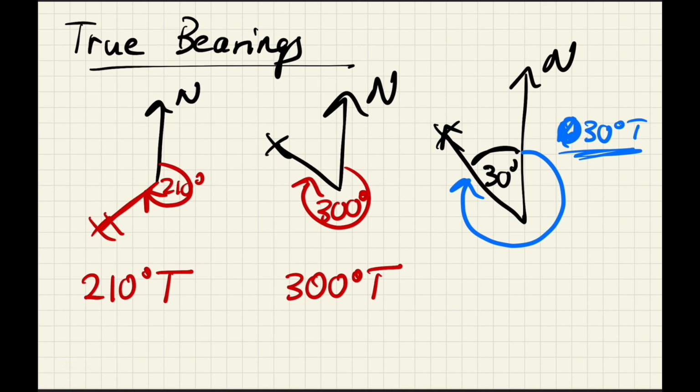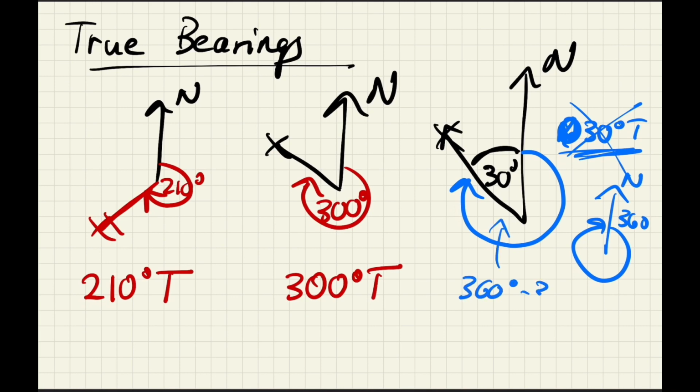So to find the correct bearing, we need to say it's 360 degrees to go all the way around back to north. To find this reflex angle, we go 360 minus 30, which is 330 degrees true.